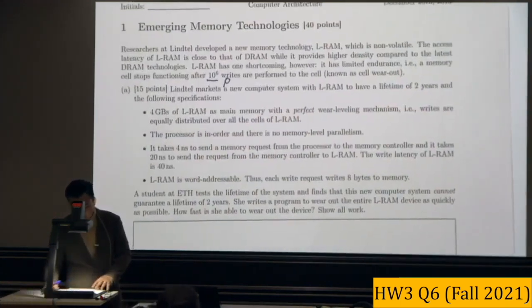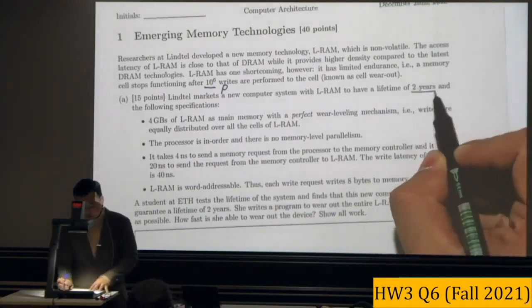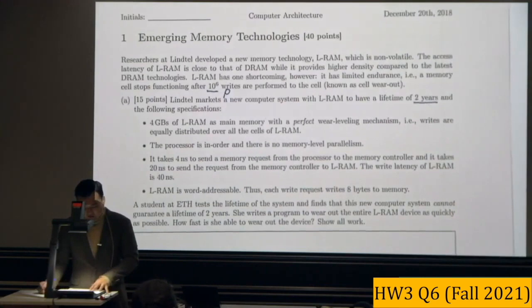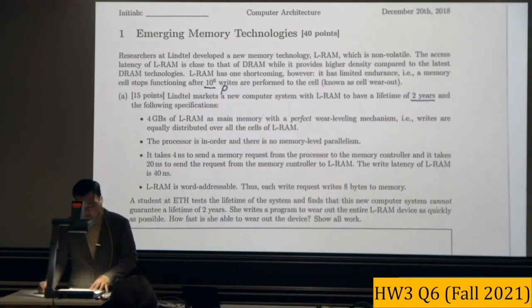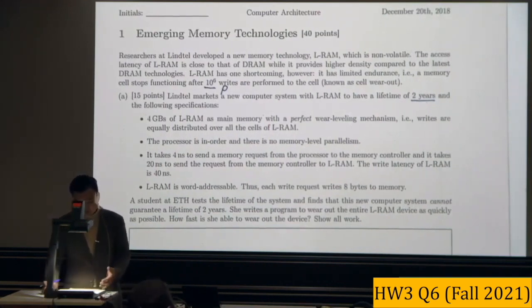Lindenthal markets a new computer system with LM to have a lifetime of 2 years and the following specifications. Okay, so their target lifetime is 2 years. 4 gigabytes of LM as main memory with a perfect reliable mechanism. Somehow they can provide perfect reliability.